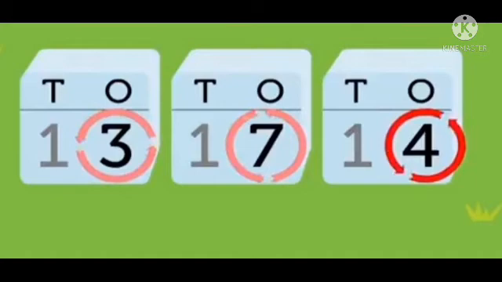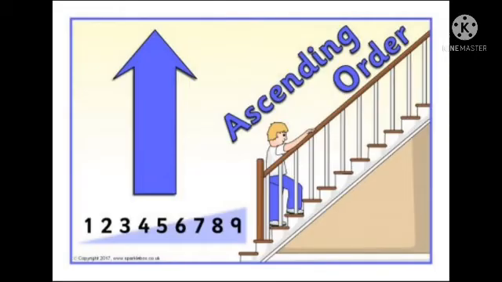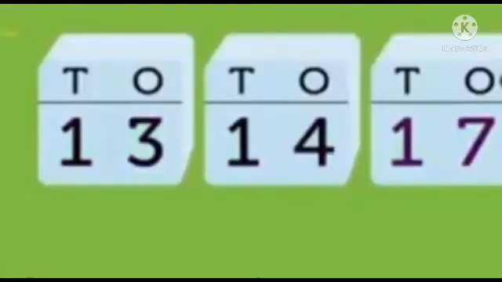So we can know the greatest number and smallest number with the help of ones or tens. In this series 13 is the smallest number and 17 is the greatest number. So what will be the ascending order? The ascending order will be 13, then 14, then 17.